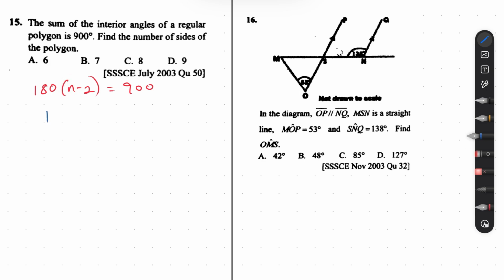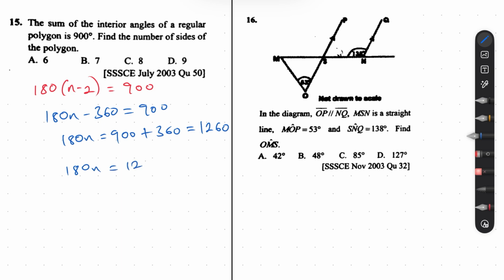So we expand: 180n minus 360 is equal to 900. So 180n is equal to 900 plus 360, which gives us 1260. So finally, we have 180n is equal to 1260.